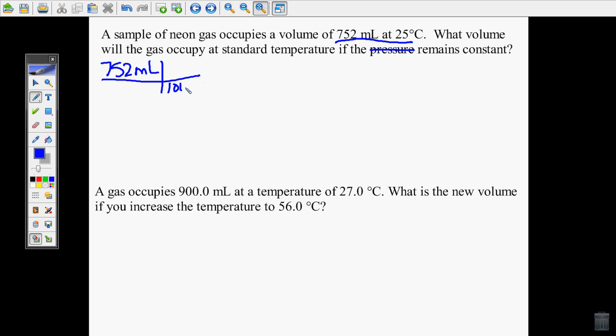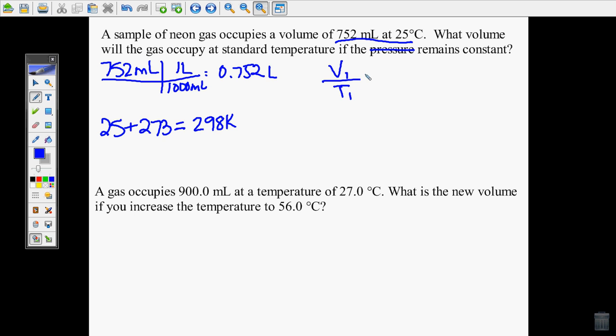There's 1,000 milliliters in 1 liter, so 0.752. And then Celsius to Kelvin, all you have to do is add 273, equals 298 Kelvin.